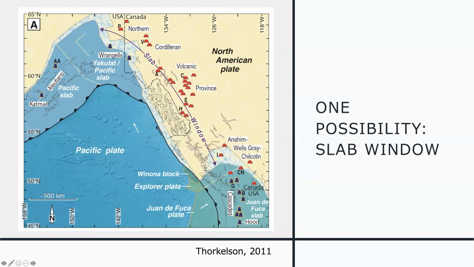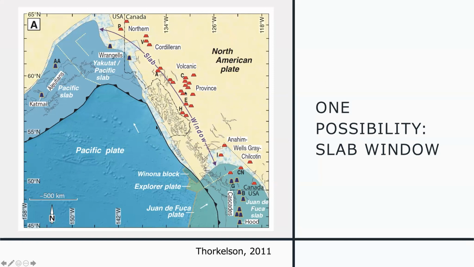Another possibility is the formation of a slab window. So we had a mid-ocean ridge subduct under here about 35 million years ago. As the mid-ocean ridge subducted, we had a lack of a slab subducting under this area, and this area has grown both to the south and to the north.